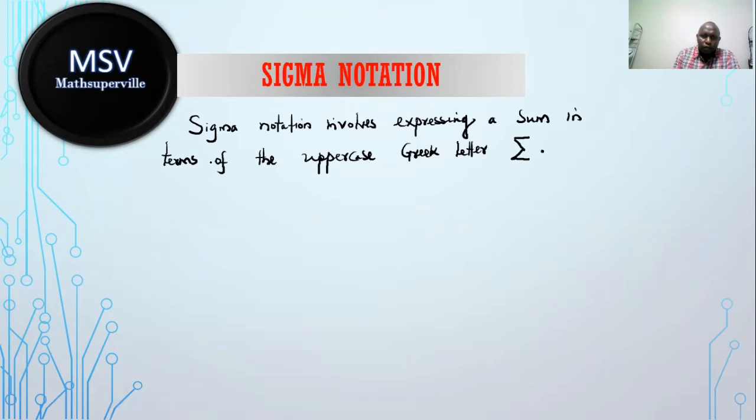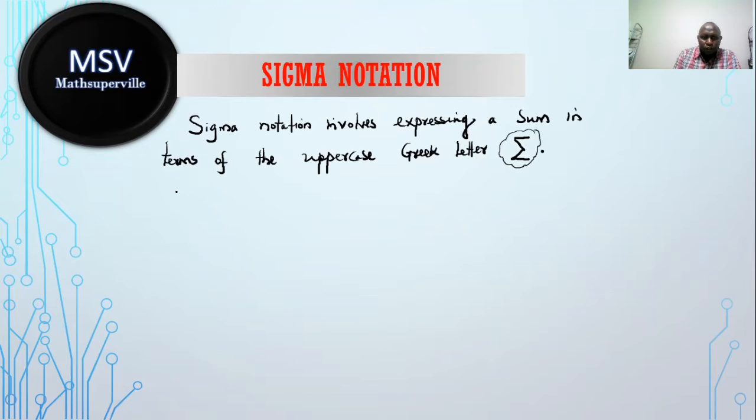So we need to see how we can express a sum or condense a summation in terms of the uppercase Greek letter sigma. This is the letter sigma, denoted as given.